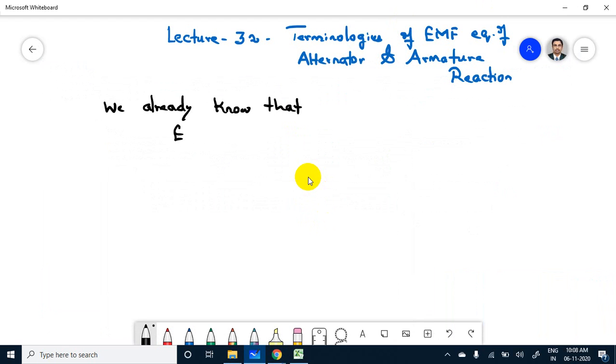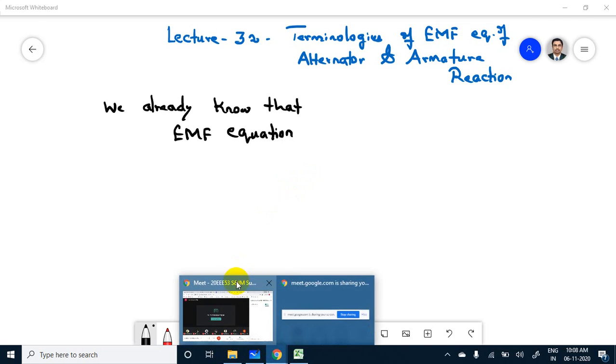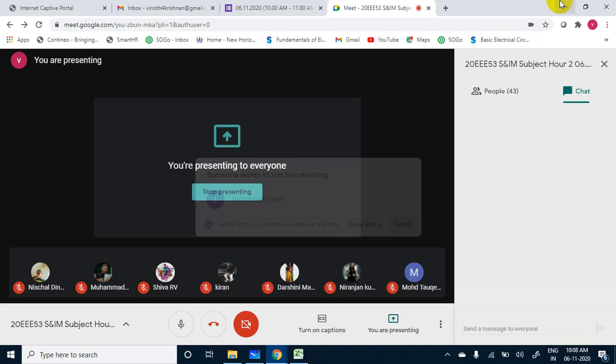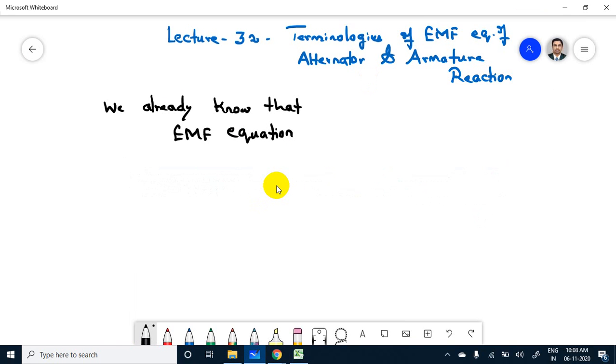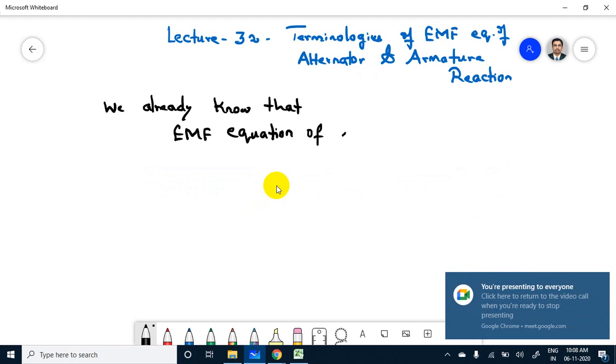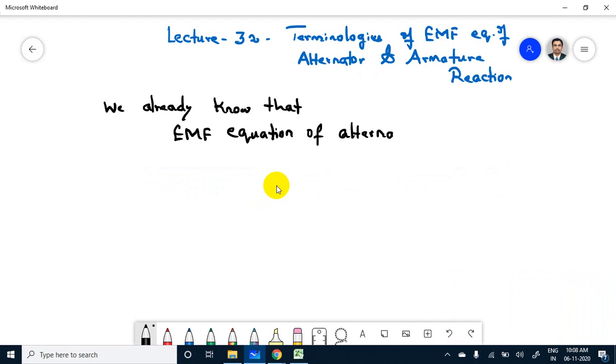Can anyone tell me the EMF equation of alternator? What is the EMF equation of alternator? Anyone tell me? What is the EMF equation of alternator?